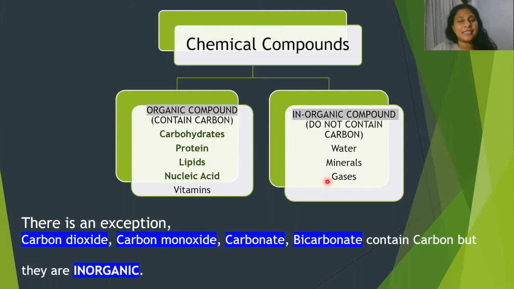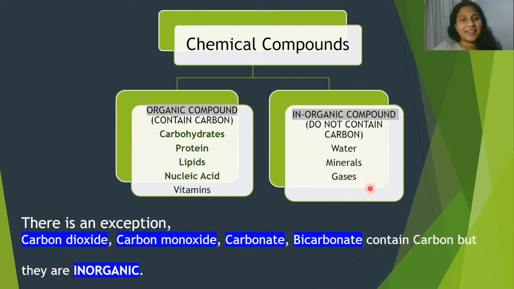Y'all may be asked this in your MCQs, so they're really important. You better memorize all these. These exceptions, carbon dioxide, carbon monoxide, carbonate, bicarbonate, contain carbon but they are inorganic. And the normal inorganic compounds are water, minerals, and gases.